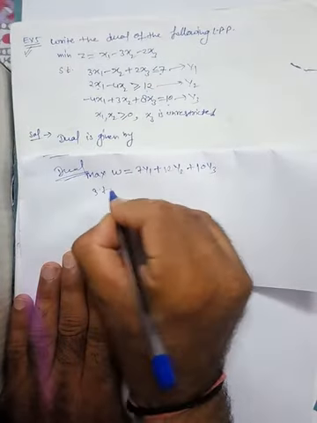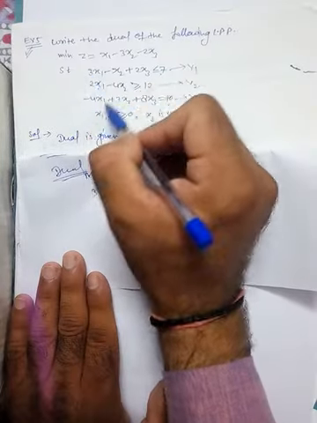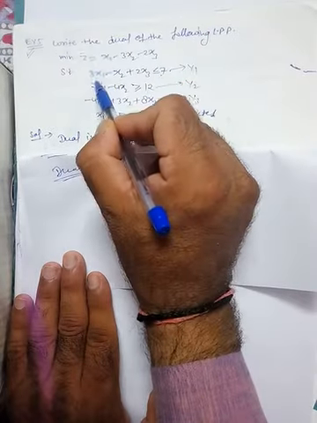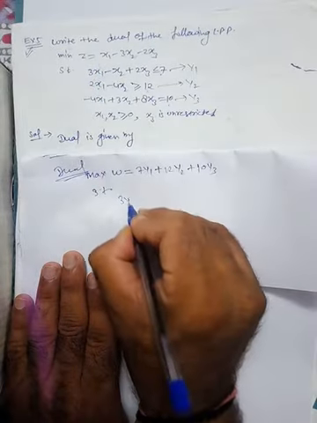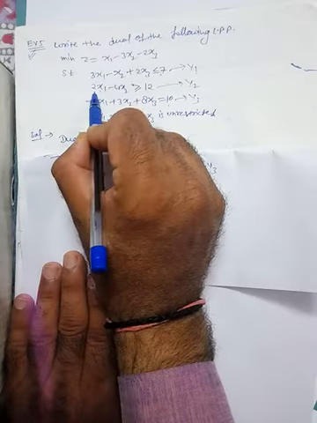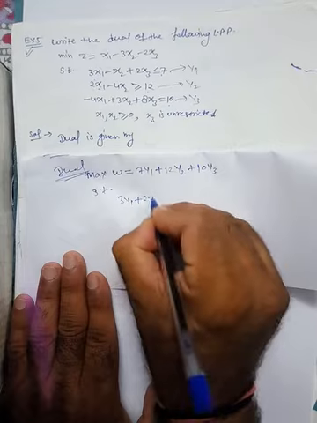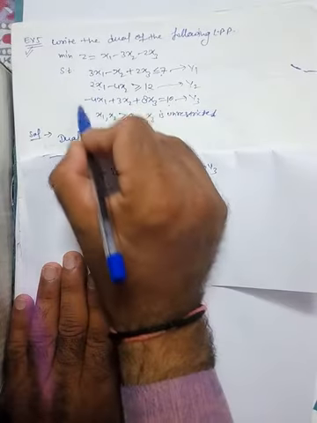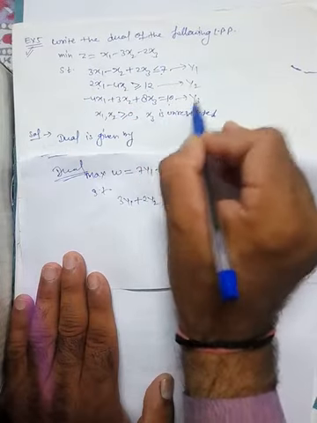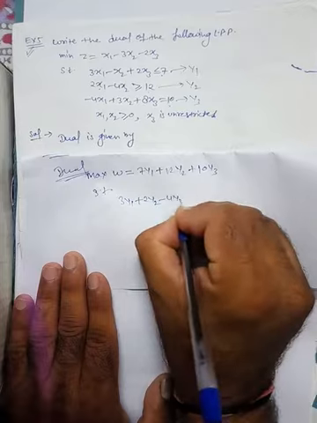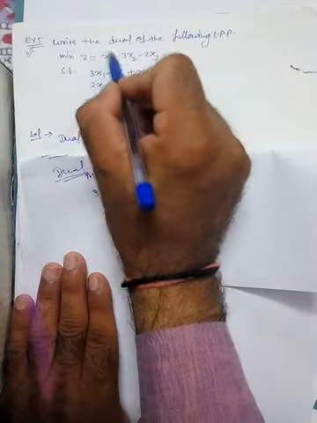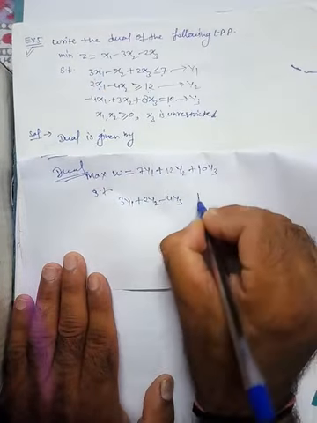Then subject to the constraints. First constraint is associated with x1, so 3y1 plus 2y2 minus 4y3, and the coefficient of x1 here is 1, so 1.